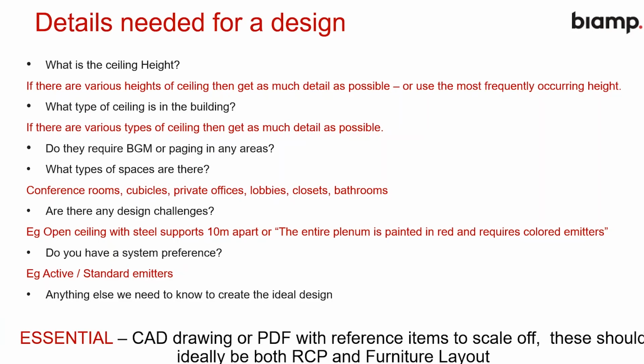However, that's not too necessary for the design, but it is moving forward. Do we want background music or paging, so we know which type of emitter to use? And we need to know what the type of spaces are, which I will show you in a short while why. And we also need to know if there is anything that we need to be aware of in the design, so that we can make allowance for that.